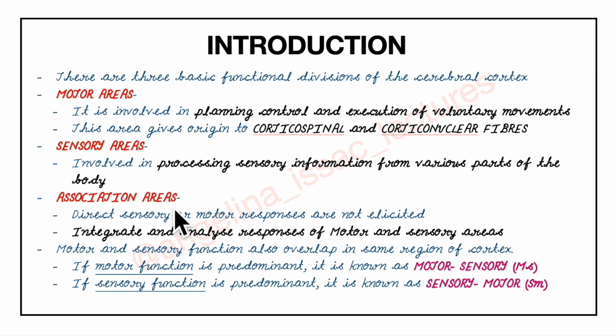And association areas integrate and analyze responses of these motor and sensory areas. Direct sensory or motor responses are not elicited or produced by these association areas. The motor and sensory functions also overlap in some areas of the cortex. If the motor function is predominant, that area is known as the motor sensory area. If the sensory function is predominant, it is known as the sensory motor area.